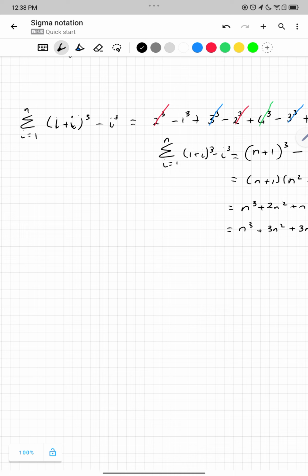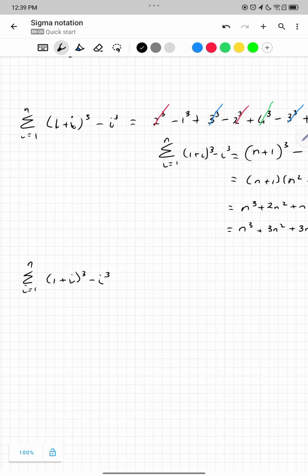Then the second part is as follows. We'll have the summation, i is equal to 1 to n, of (1 plus i) cubed minus i cubed.